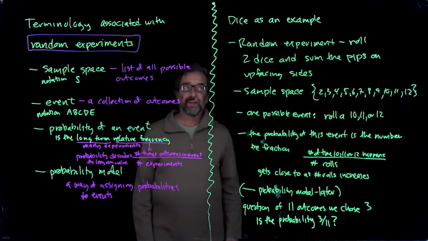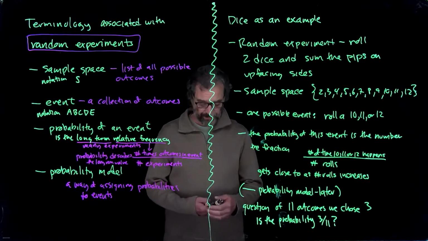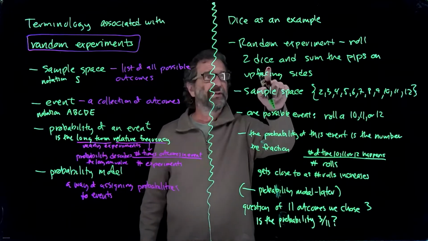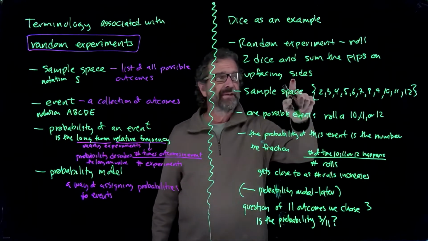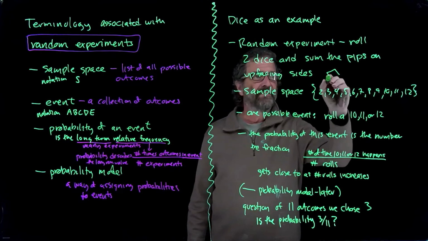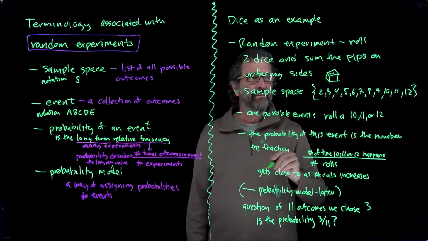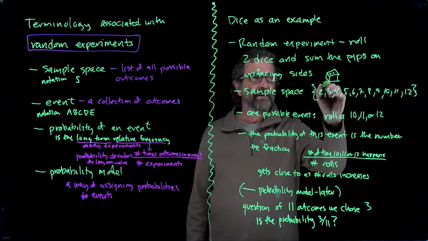So here we go with dice as an example. Well, 2 dice as an example, I guess. Our experiment is going to be roll 2 dice and sum the pips on the up-facing side. So the pips are those dots on the sides of dice. So if you have a die, I don't know what's on the other faces on this one.